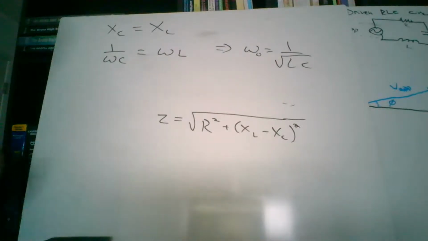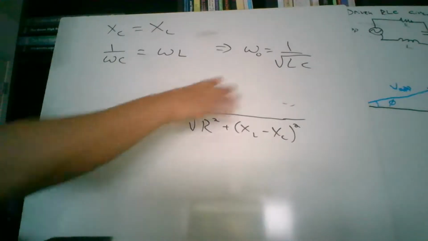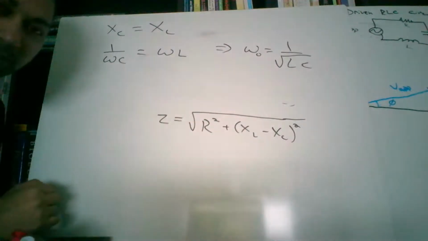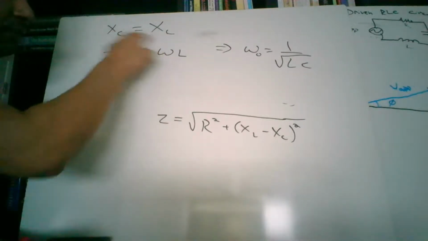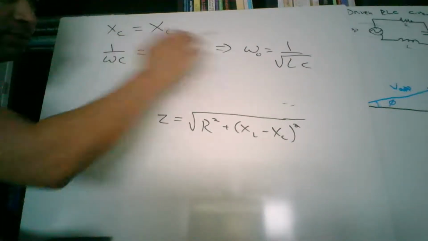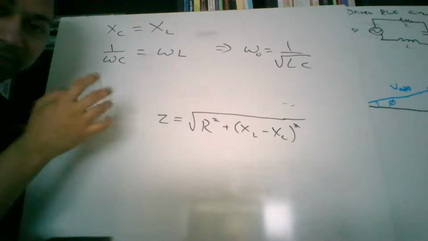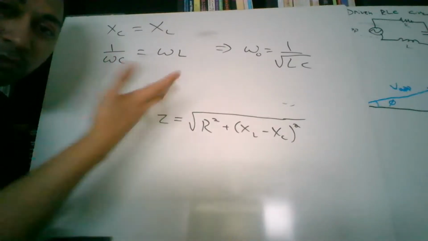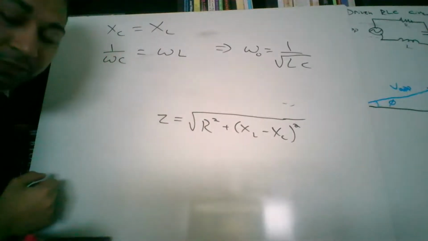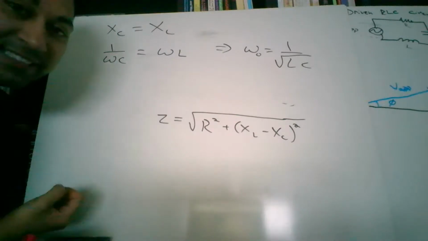And that's going to be really useful to try to get this natural frequency. Whenever you have something that equals the natural frequency of something, you get a term called resonance.